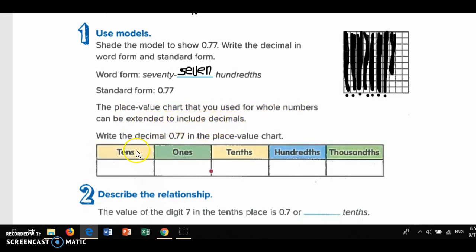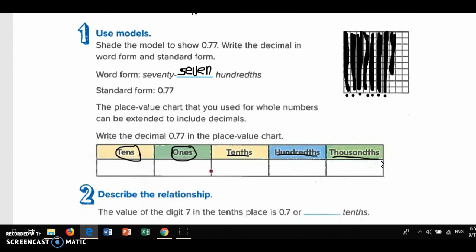The place value chart that you use for whole numbers can be extended to include decimals. Let's have a look. We have tens, we have ones, then we have the decimal point. After that, we have tenths, we have hundredths, and we have thousandths.